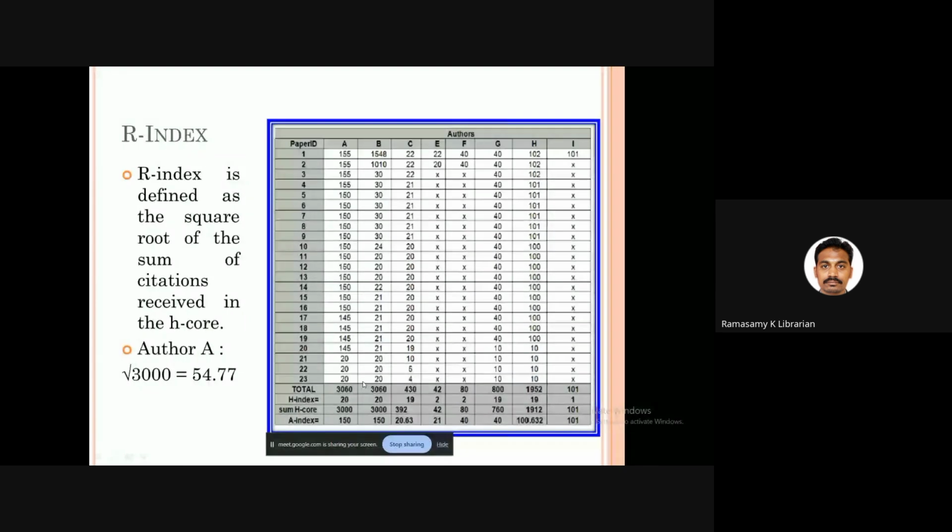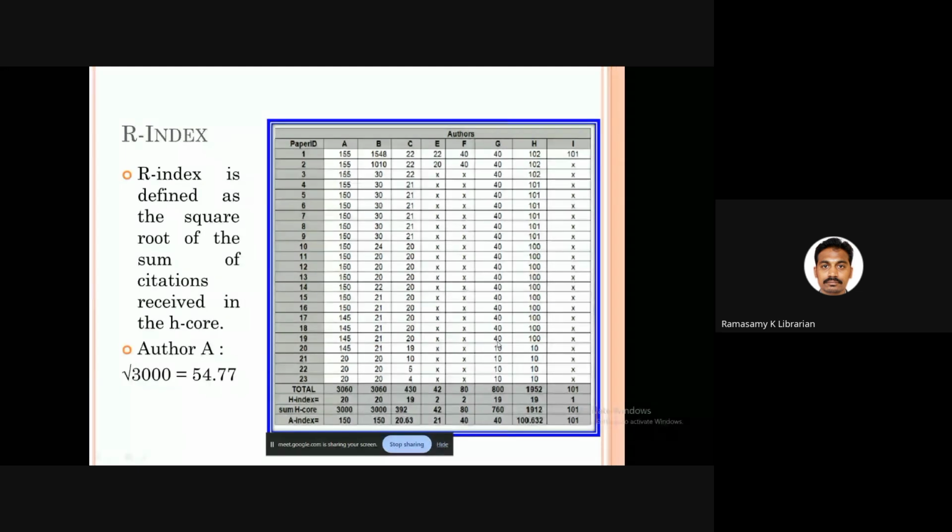What about his H index? It is 20, because all his 20 papers have received at least 20 citations. The 21st paper has not received 21 citations. So his H index is 20. So to get the H index of 20, how many citations has he received? He has received 3,000 citations, leaving these 60 citations. So the square root of 3,000 is 54, and 54 is his R index.